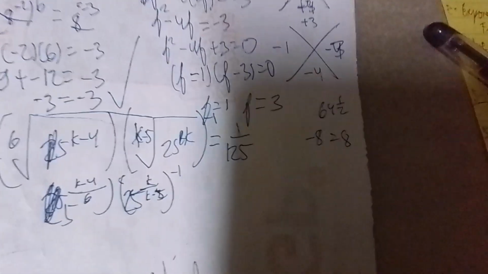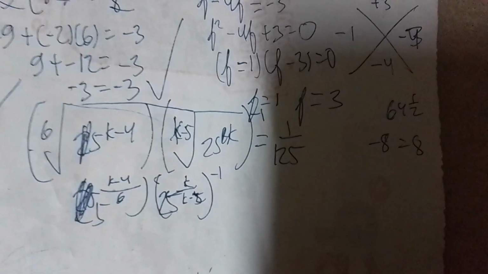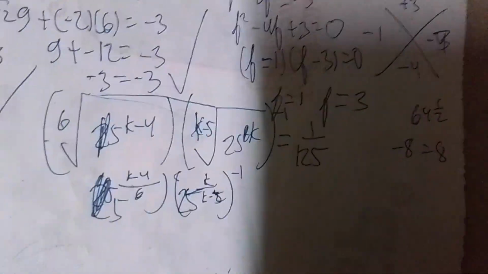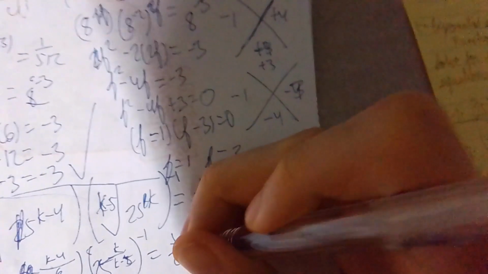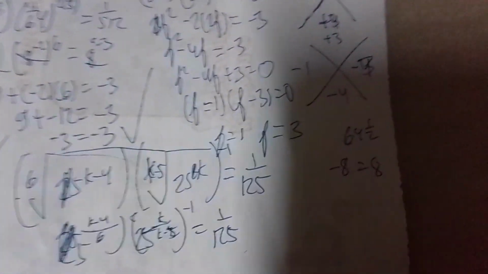Then raised to the negative 1. This implies the power law, because remember, this is negative, so that's 1 over this thing, and it's equivalent to 1 over 125. Let me rewrite this again so it's not confusing.